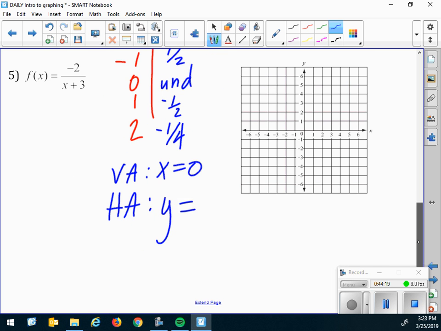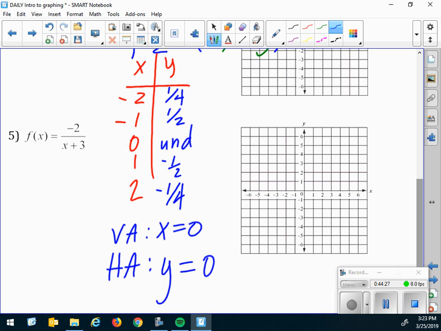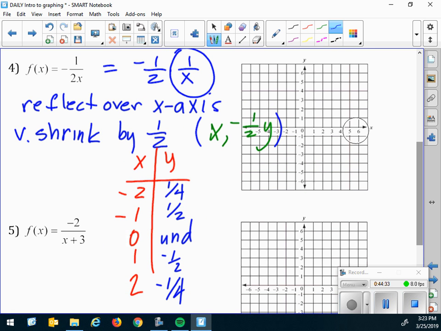Your asymptotes didn't change. The asymptotes are only going to change if you do what? Add or subtract. Good. If you add or subtract, that's the only time the asymptotes are going to change. So dot in your asymptotes, and then plot your points.